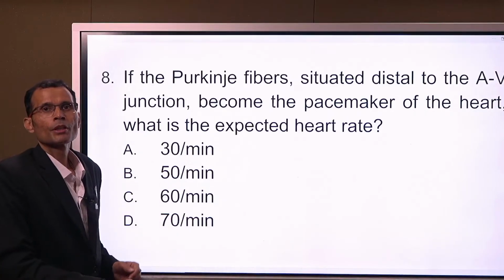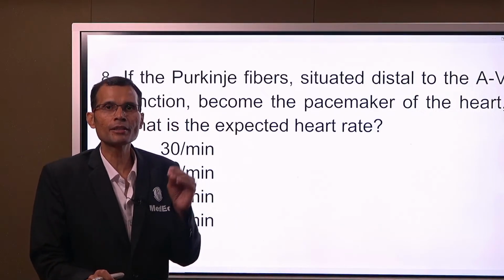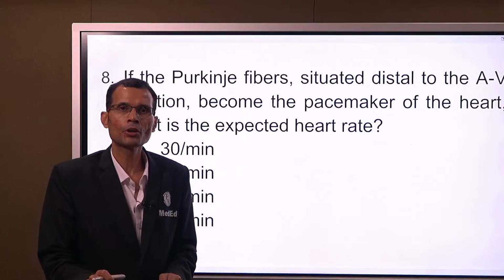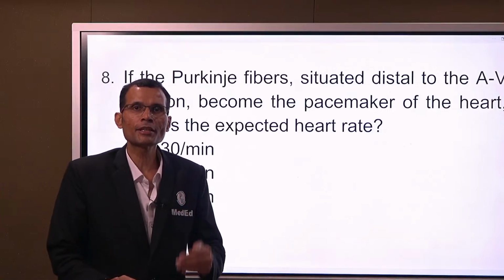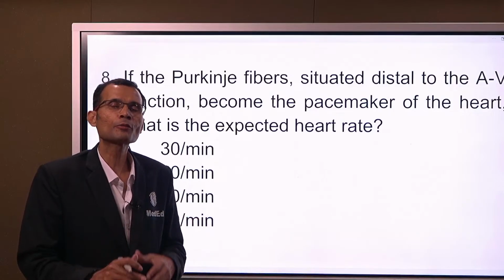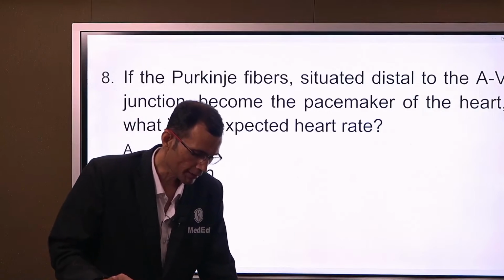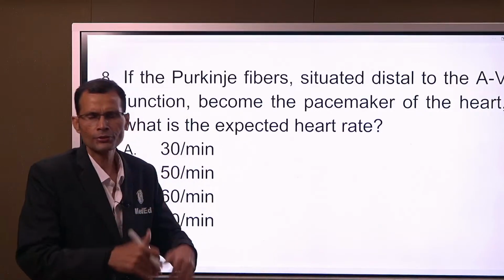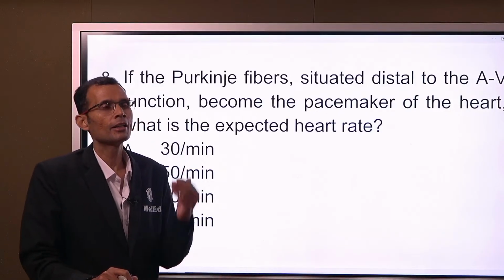Now look, each part in the heart has got its own intrinsic rhythmicity, and that intrinsic rhythmicity is highest in the case of SA node, and therefore SA node is the pacemaker of the heart. Every impulse is generated in the SA node and sent into the ventricles.